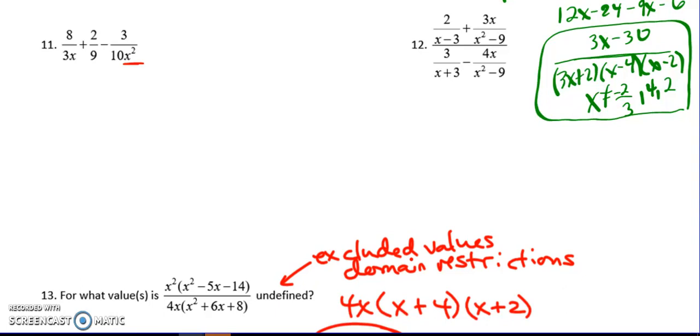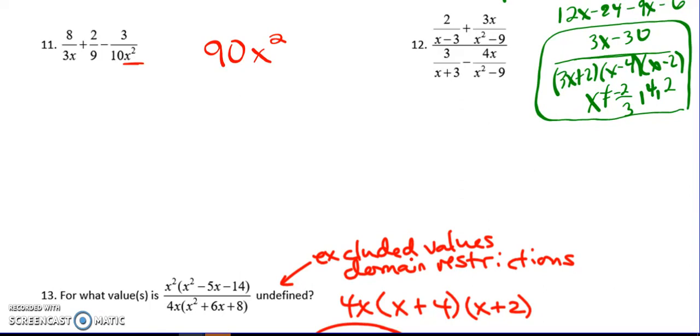The least common multiple between 3, 9, and 10 will be 90. So 90x squared together is my common denominator.